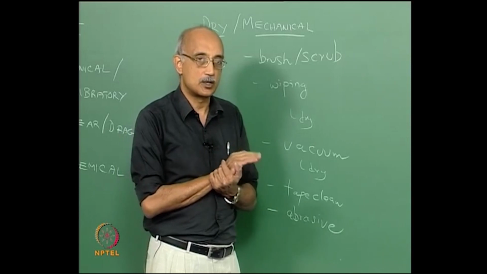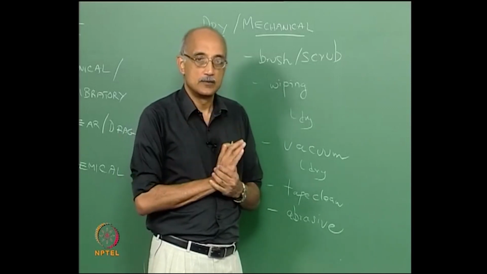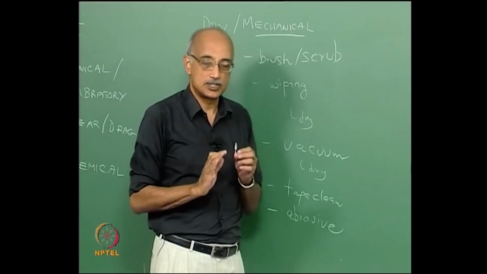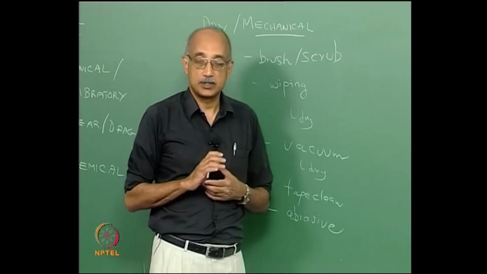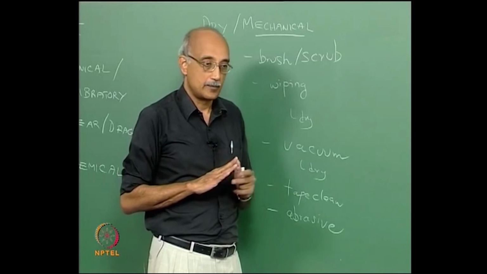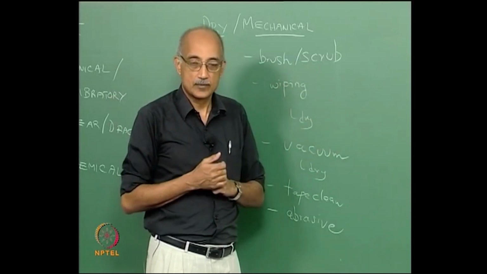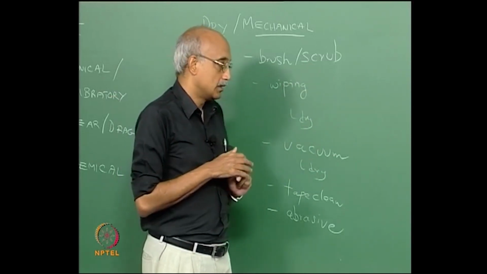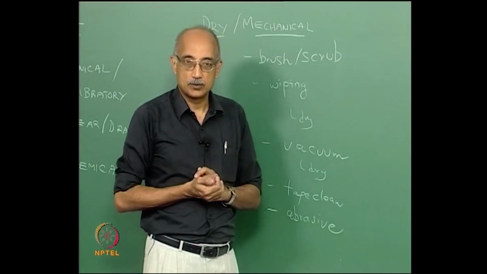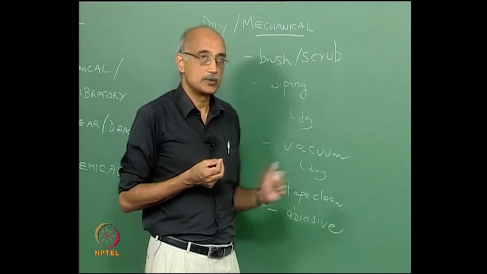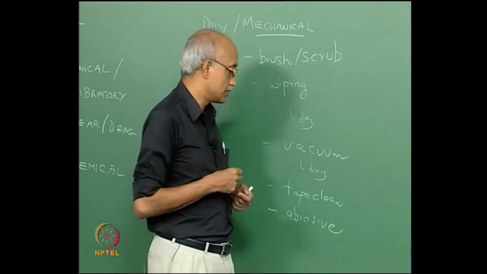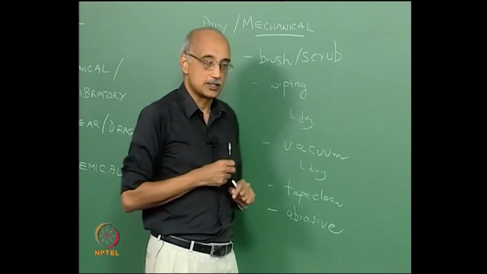Abrasives are used for things like paint removal, which is virtually impossible to achieve by any other means. Quite widely used, for example, in the aircraft industry, where the wings of the plane have to be frequently repainted. And so, the only large scale process that will enable us to do that is abrasive blasting.